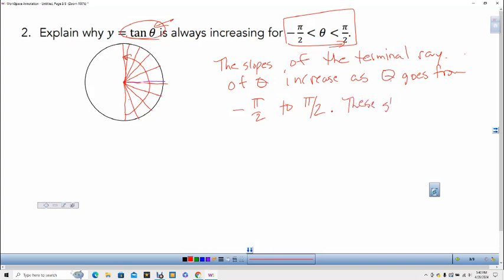These slopes increase from negative infinity to positive infinity.